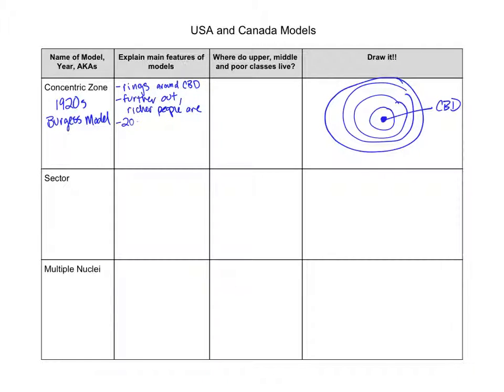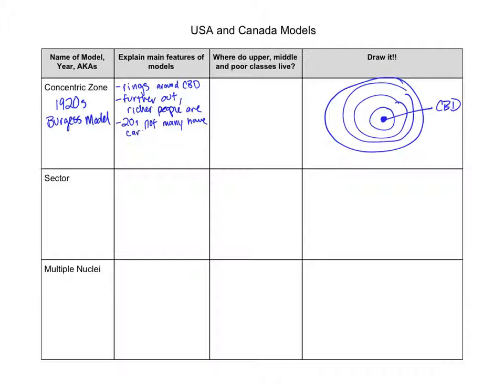If you think about what types of transportation people had in the 20s, not a lot of people are going to have transportation yet, right? Cars are just coming about, and so cities are still pretty close together. In the 20s, not many people have cars, okay?